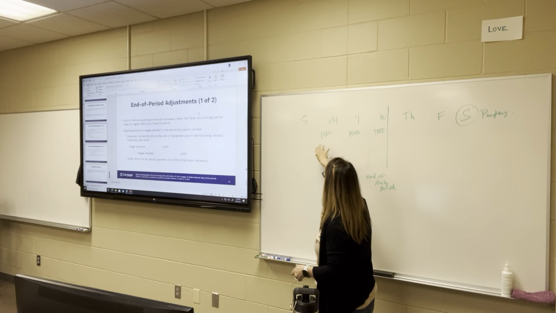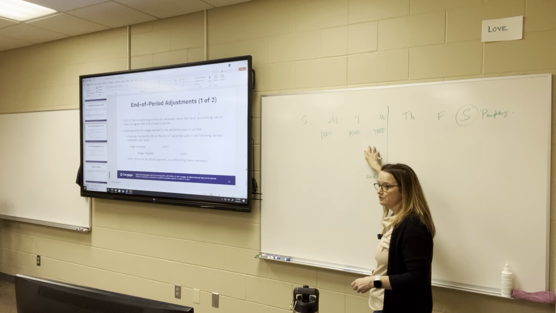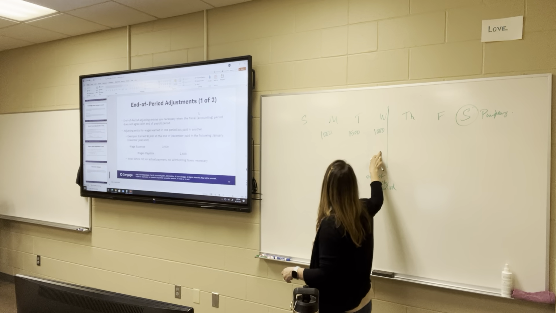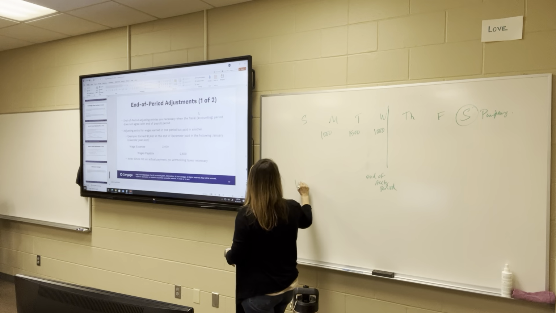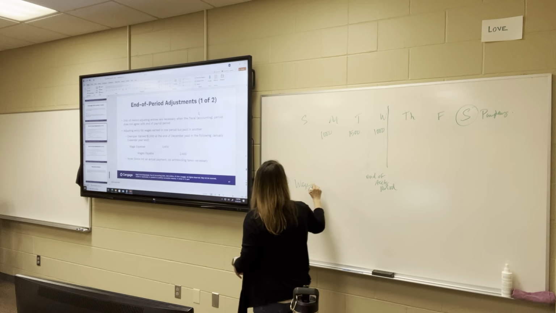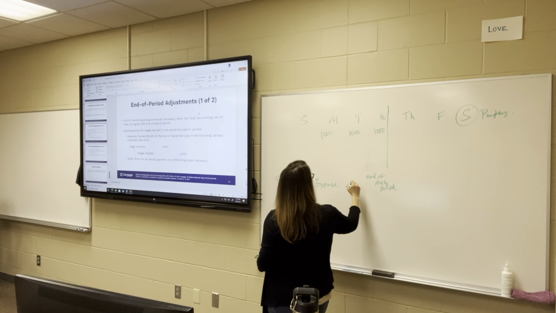That means we've got to record that liability so that the expense is accurately reflected at the end of the period. So we've got wages expense. So this would be recorded on, well, we'll call it 8/4/30, wages expense of, is that $3,500?